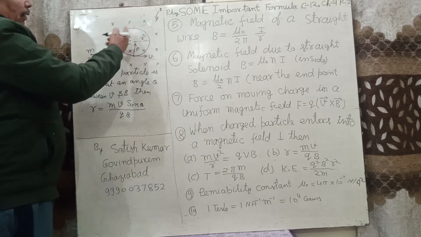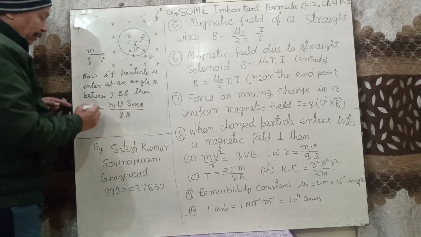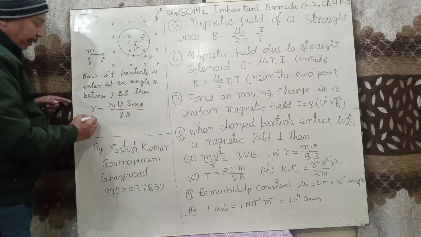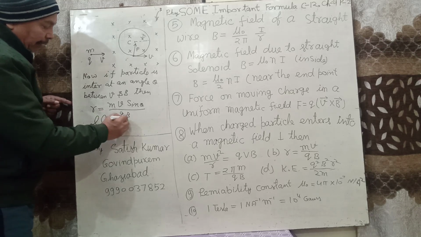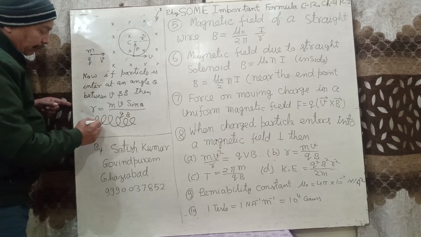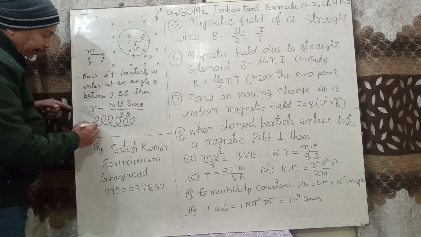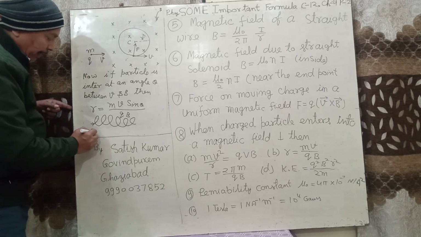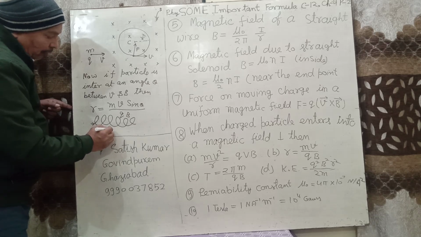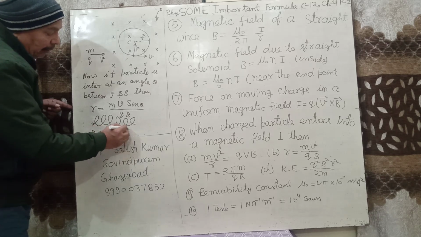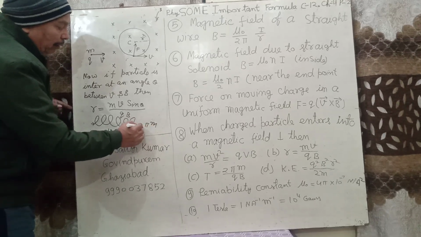The path of the particle in this condition is of this type, this way, and its pitch p equals v cos theta into 2 pi m upon q B.